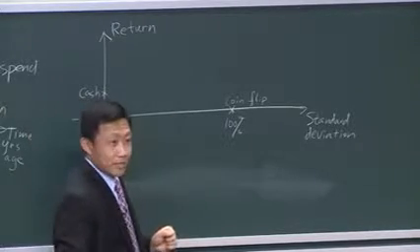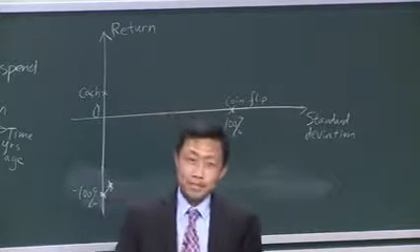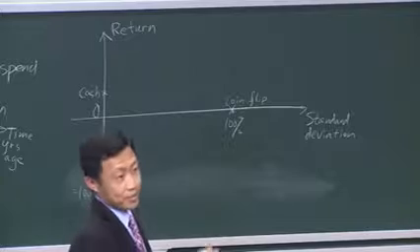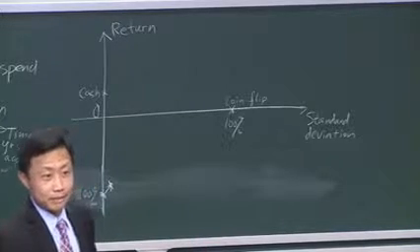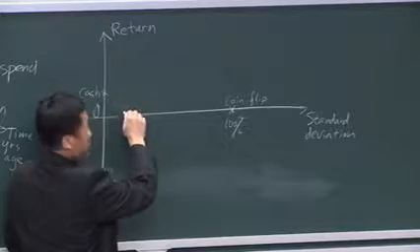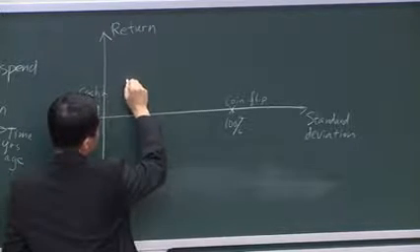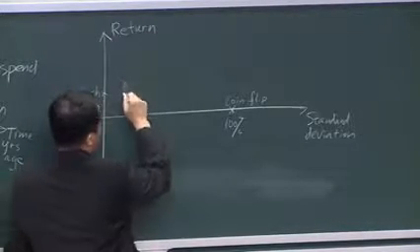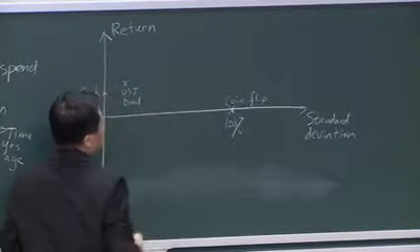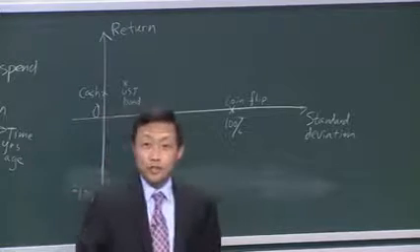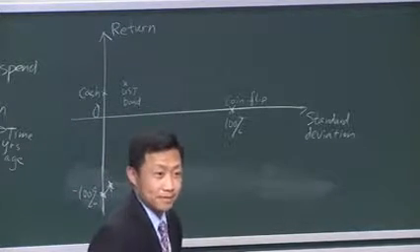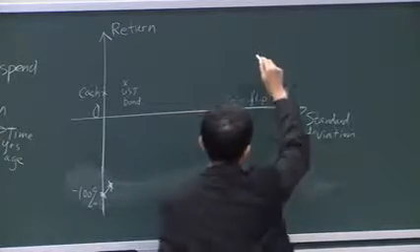Where's a U.S. government bond? Let's just call it a 5-year note or 10-year bond. It should return better than cash with some volatility. Let's call it here. What is investing in a startup venture capital fund like? Pretty up there, right?